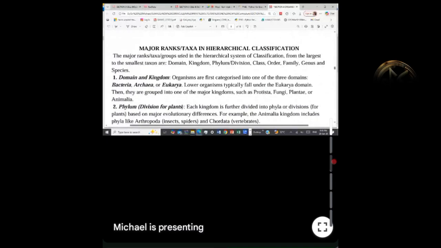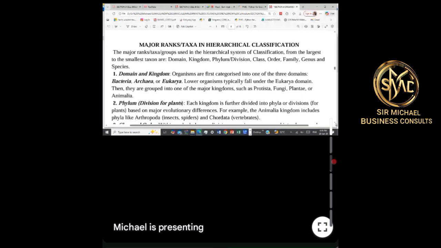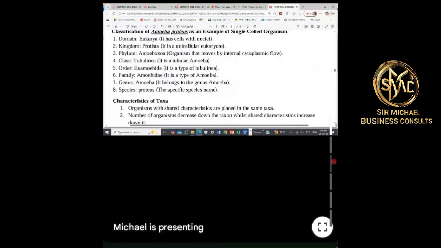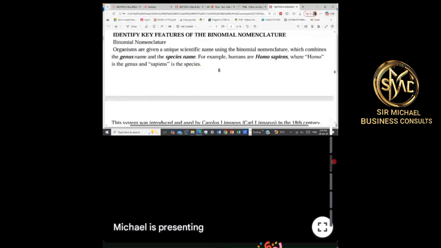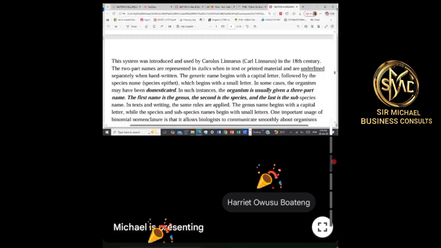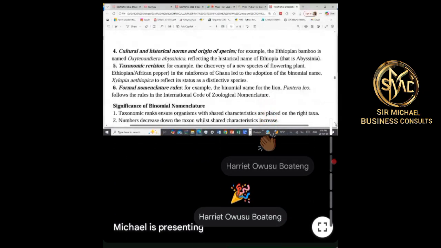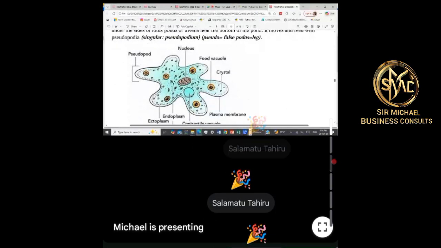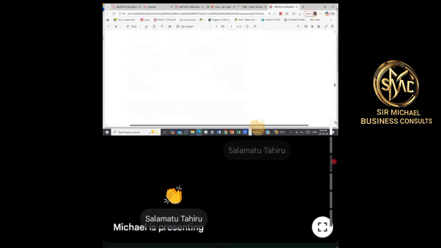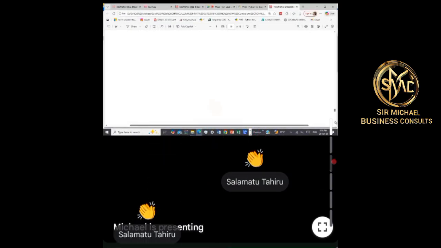Then we will look at the major ranks and hierarchy, whereby we talk about domain and kingdom, phylum and the various taxa. Then we will look at Amoeba proteus. So latest by next week Tuesday, we'll start talking about the living organisms and you will enjoy them a lot. We'll talk about behavior, how it moves and feeds, and some other organisms.